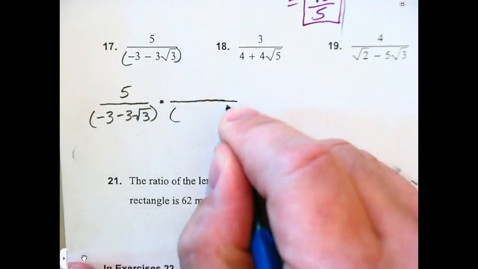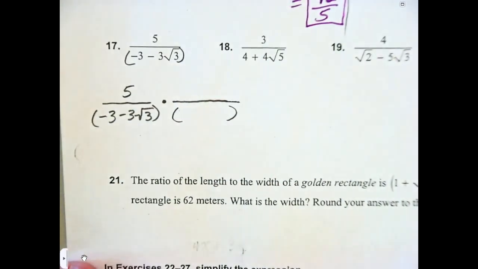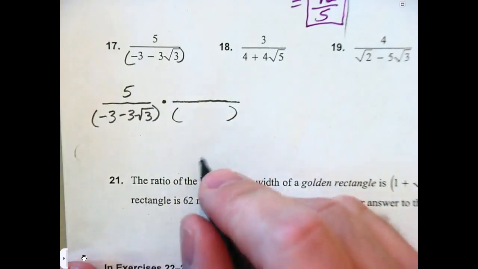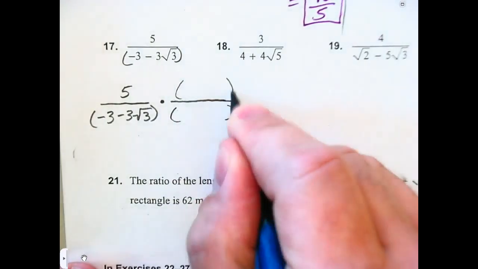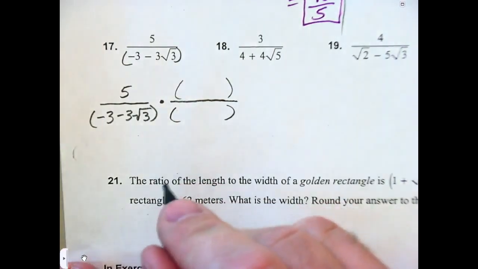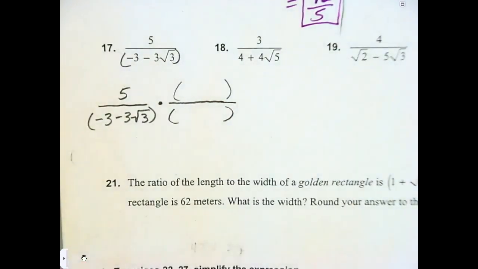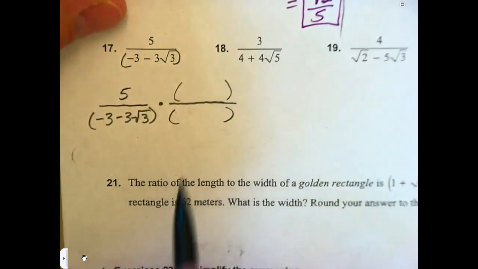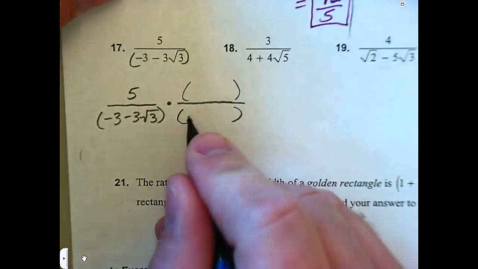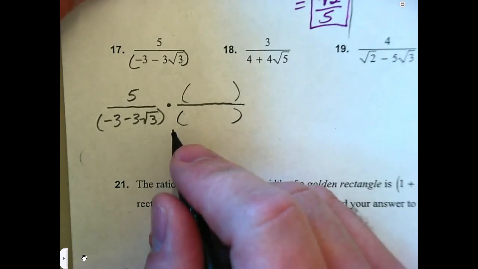Tell your neighbor what the conjugate of this is. The 5 will have nothing to do with the conjugate. Just the parentheses. Anyone want to take a shot at it?